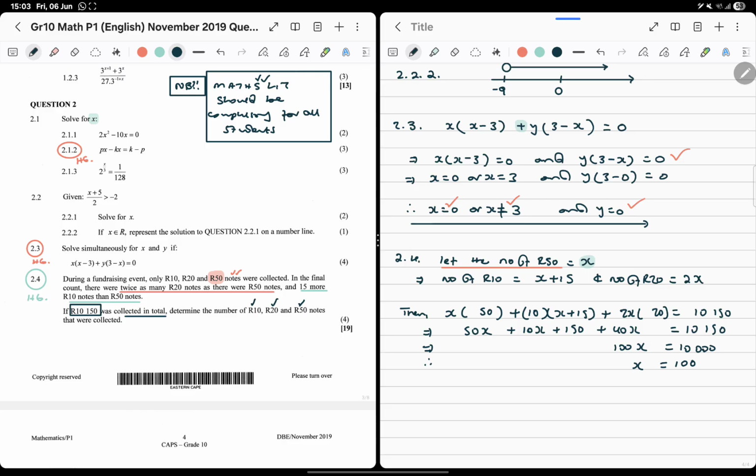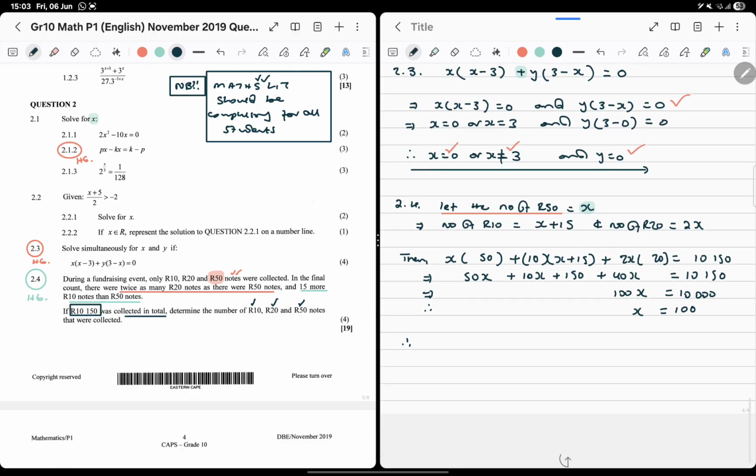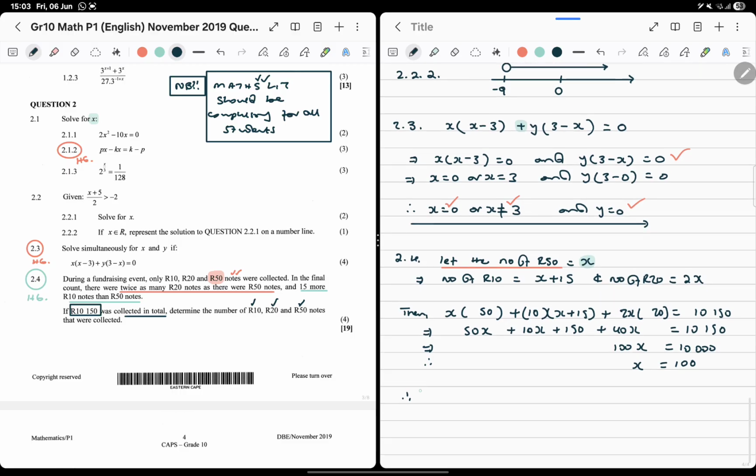So it means there were 100 50 rand notes. So we can say, therefore, making a conclusion now, there were 100 50 rand notes. Then here we're going to say 100 plus 15.